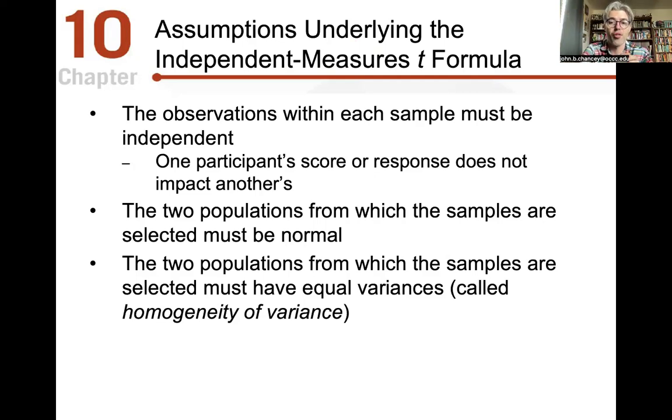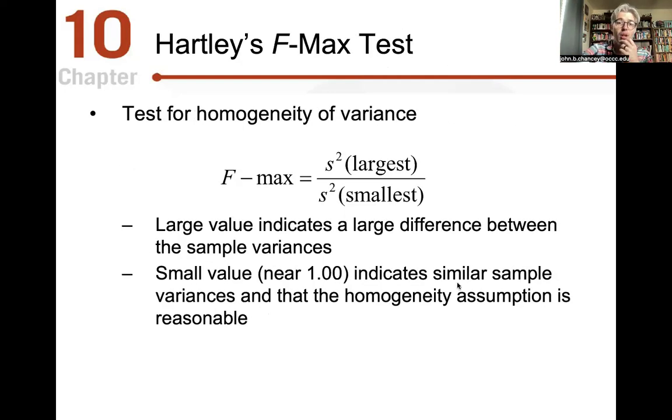The two populations from which the samples are selected must have equal variances. This is the assumption called homogeneity of variance. There is a statistical test that you would actually run to test this last assumption. It's called Hartley's F max test. You're testing for homogeneity of variance, and it's your variance largest over your variance smallest.